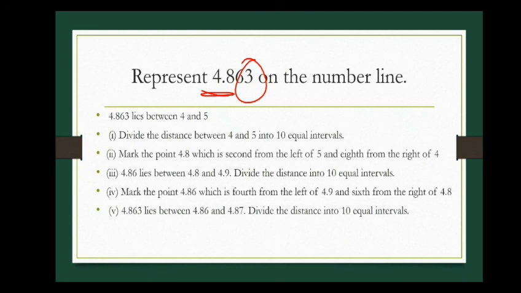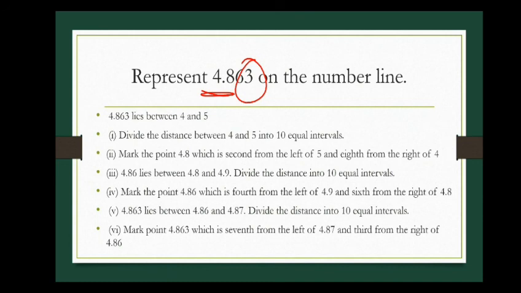After marking 4.86, we have to see where 4.863 lies. That will be between 4.86 and 4.87, right? Then we divide the distance between 4.86 and 4.87 into 10 equal intervals, and from there we can mark 4.863. These are the steps to see where 4.863 lies.